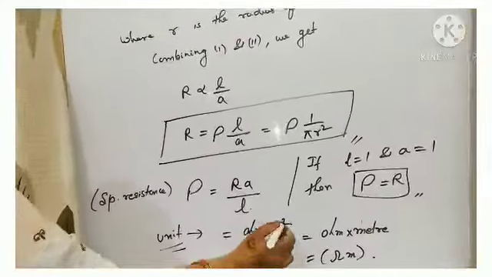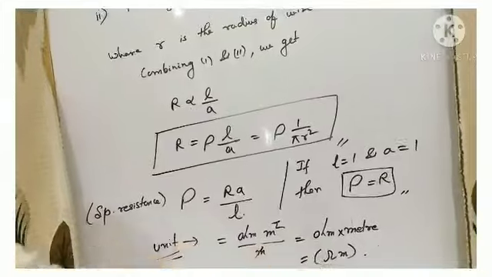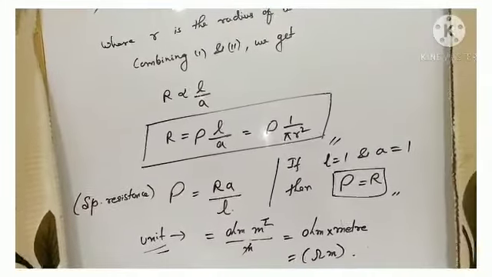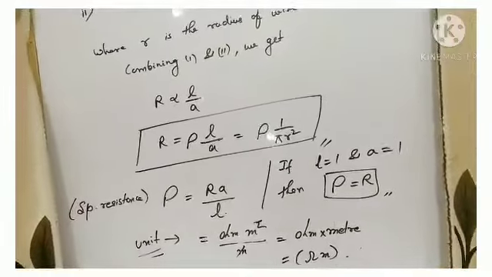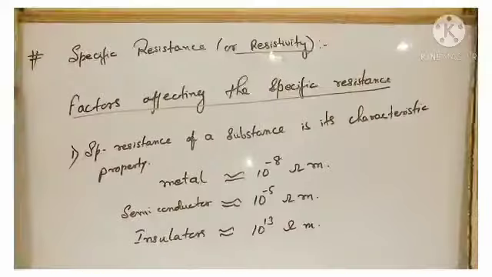So meter and meter square get cancelled, hence ohm into meter, or ohm meter, we can write as the unit of specific resistance. There are few factors on which this specific resistance depends.